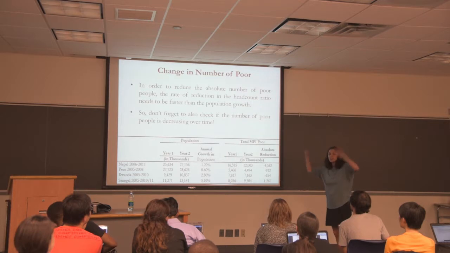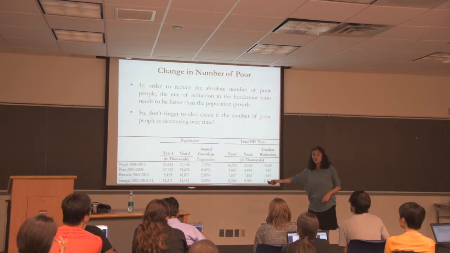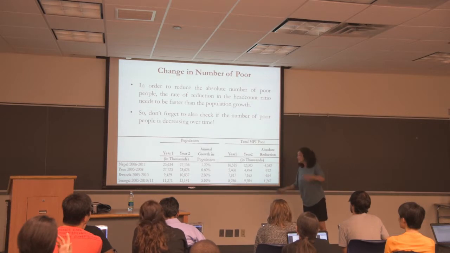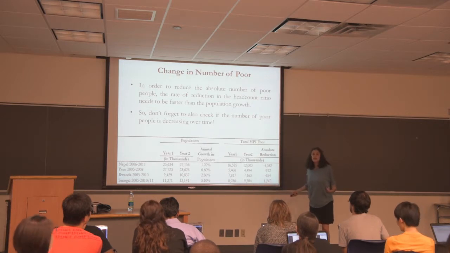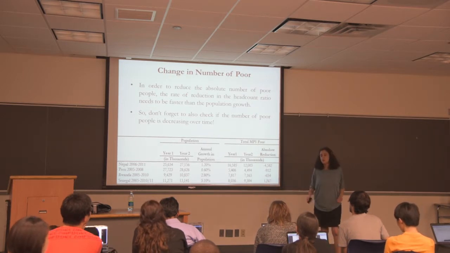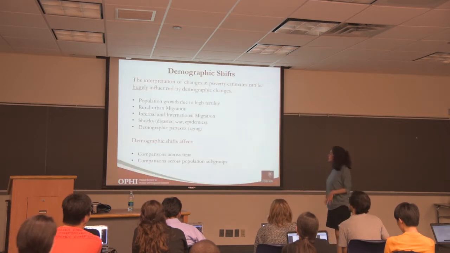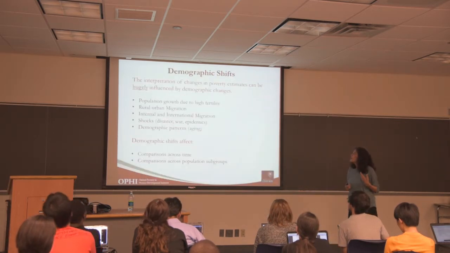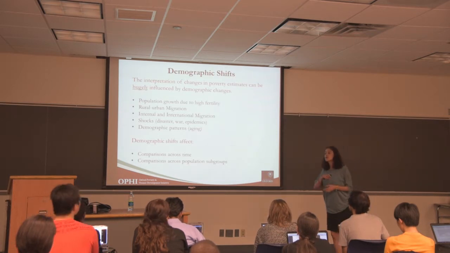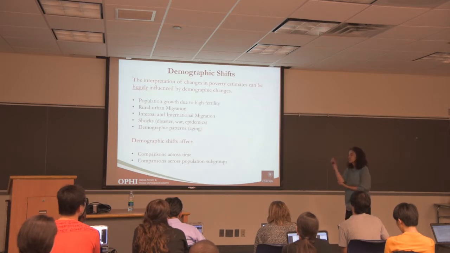We talk about nice percentages, but what does this translate to? In the case of Senegal, we see the negative side, but in the end, it's still an increase in the number of people. And as Hugo says, besides population growth, there are other demographic shifts that might have an impact when you interpret changes in the poverty incidence.